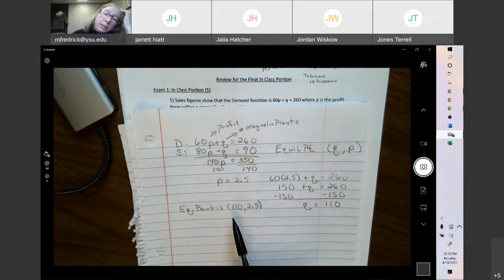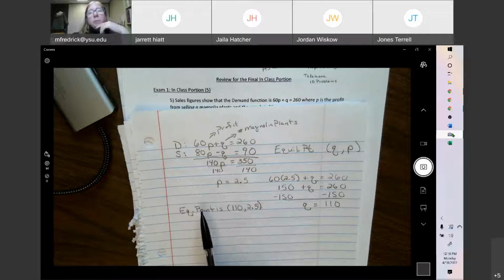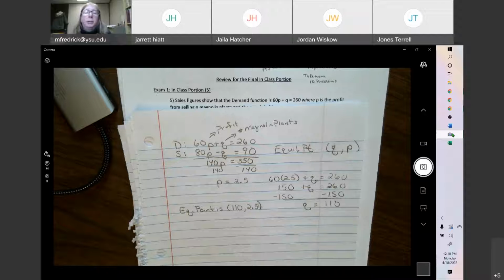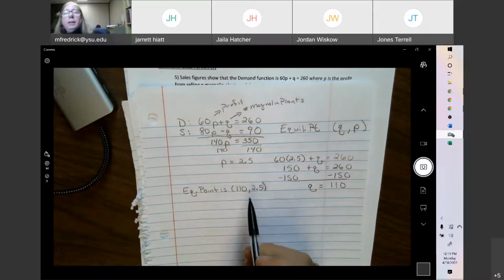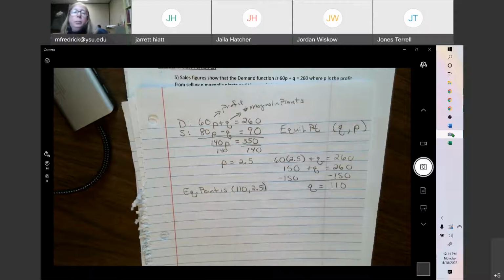If we lower the price, we will sell more of them, but then more people will want them. So at an equilibrium point, both people are happy, the sales and the people who are purchasing it. But any questions on the equilibrium point?